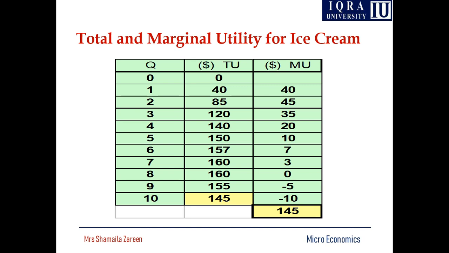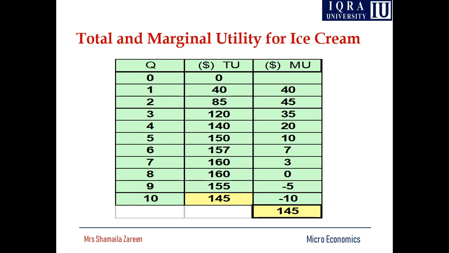You can see that as the consumer consumes from unit 0 to unit 6, marginal utility is falling and total utility is increasing, but at a decreasing rate because marginal utility is falling.